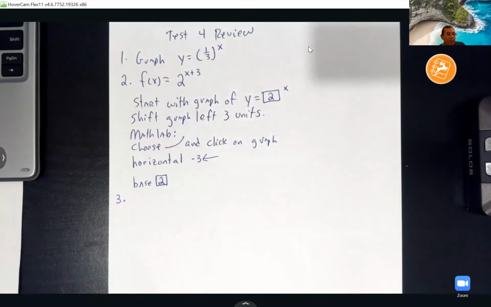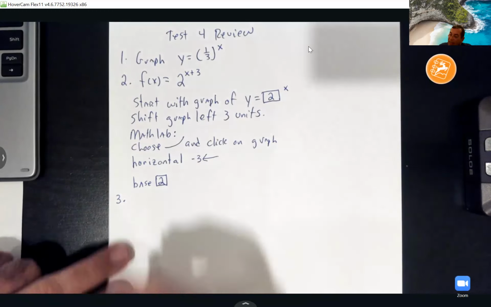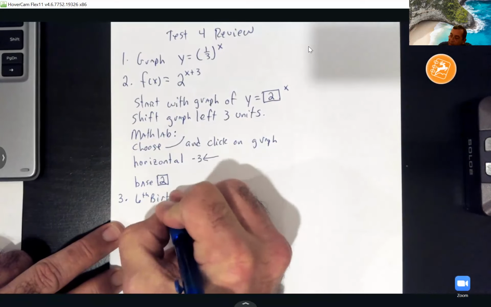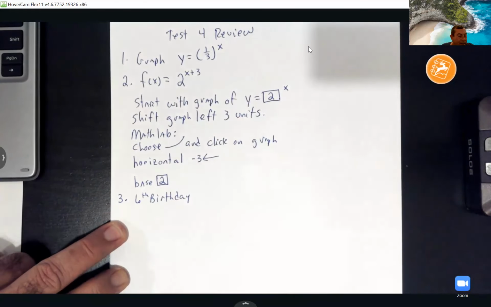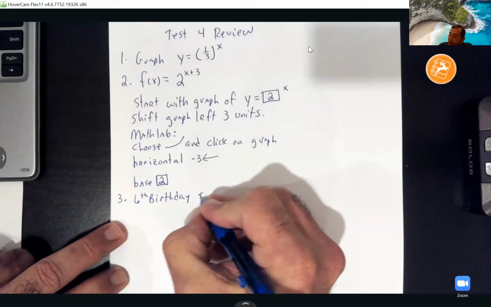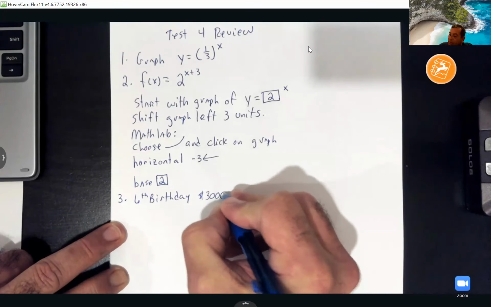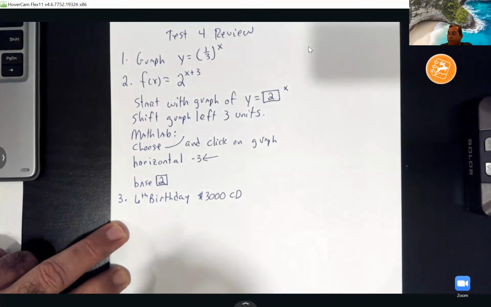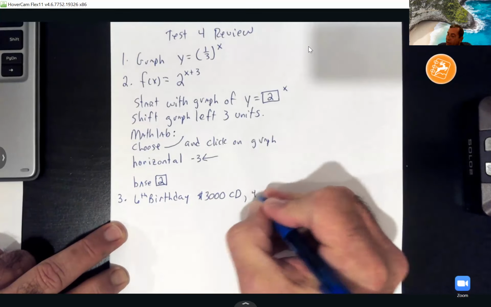All right, y'all, then we get to our word problem about Melissa. So on Melissa's 6th birthday, she gets a $3,000 CD. And it earns 4% interest.